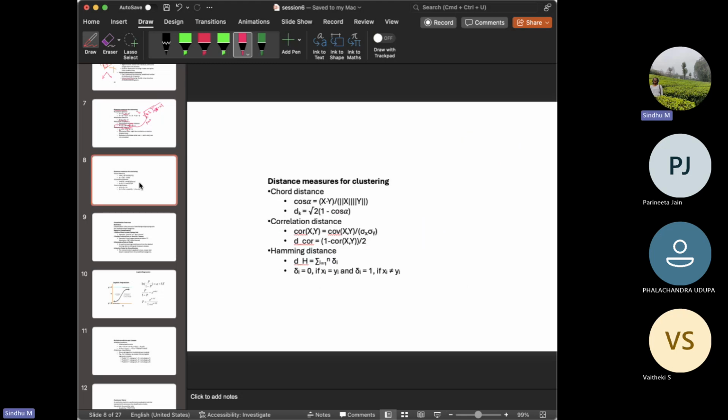There are also other distances like chord distance, correlation distance and Hamming distance. The chord distance is where you have to consider the angle alpha.